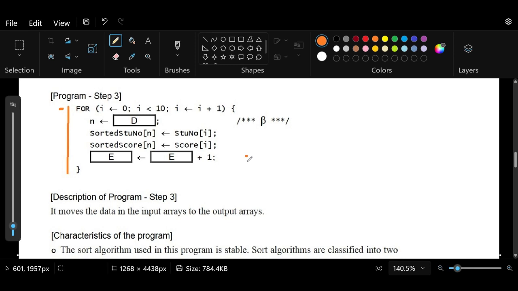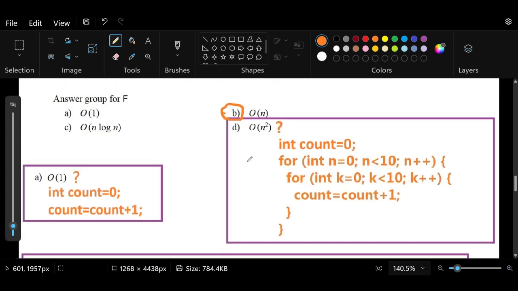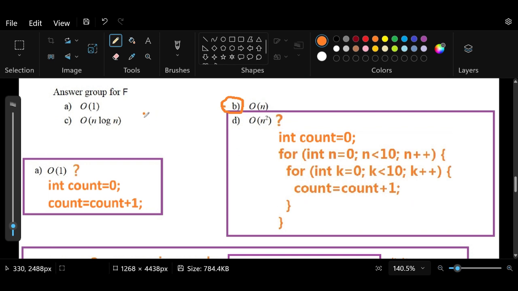Now if we look at the choices, we have here a set of choices where you have the big O, and when I was answering this, I was able to find the correct answer, which is O of n, pretty much because of the for loop, where when we're talking about the for loop, it means that if we're starting at 0, then we're counting until the maximum number, which we can say is n.